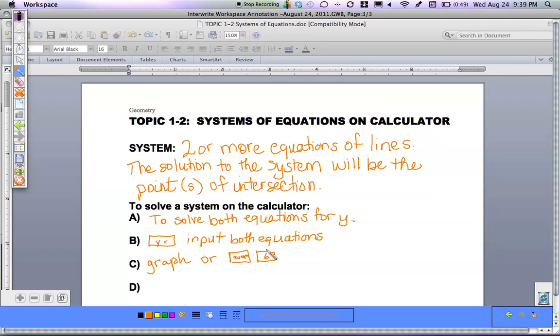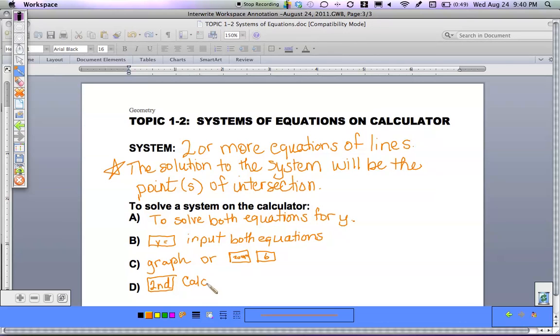Now, once you've got your picture on your graphing calculator, you will be able to see where those two lines cross. Obviously, as we said up here, we are looking for the point or points where those lines cross. So we are going to have the calculator find that for us. So we're going to press second, and then we're going to use the trace button.